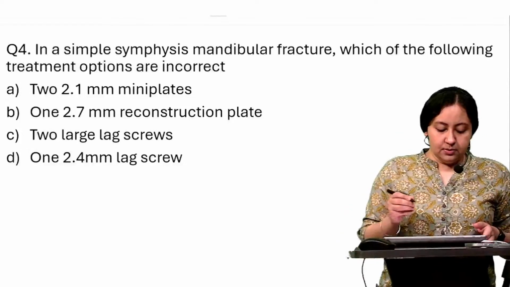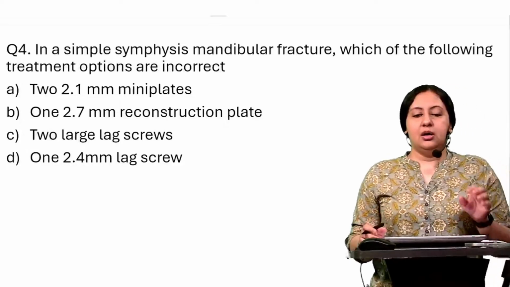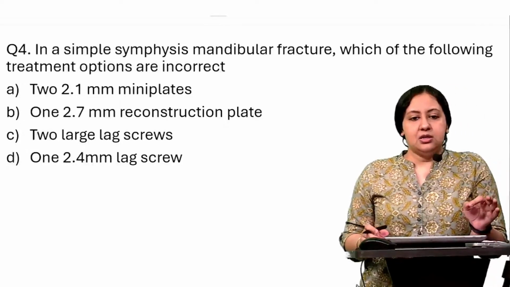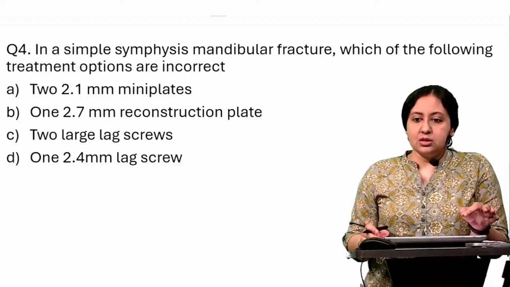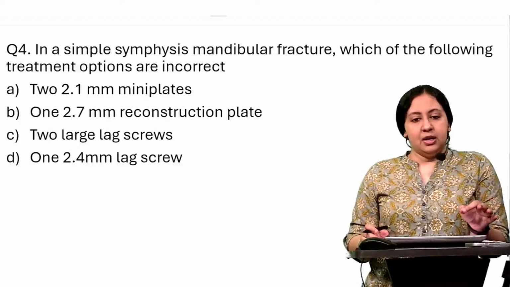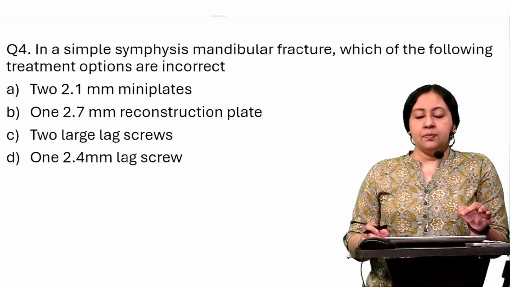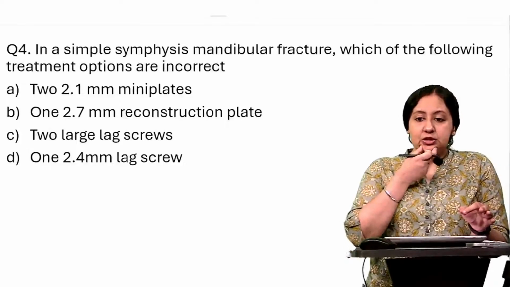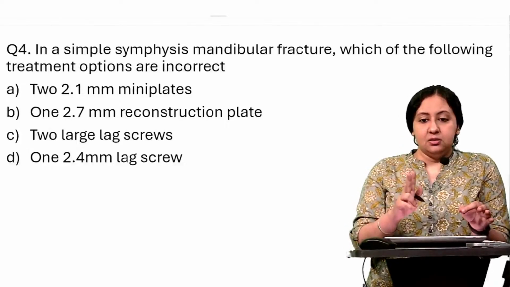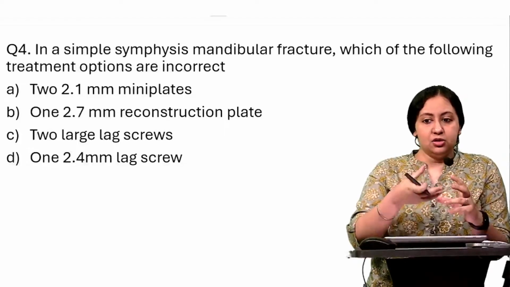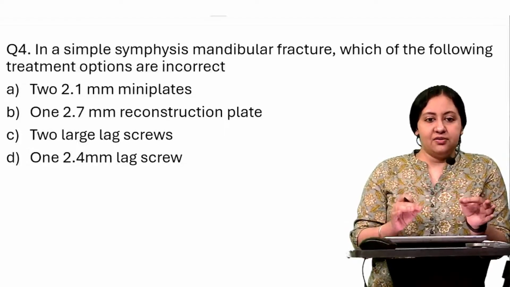Now, according to Champy's lines of osteosynthesis, which I've mentioned in my class notes as well, in the symphysis region, we go for 2 plates to counteract the torsional forces present at the symphysis.